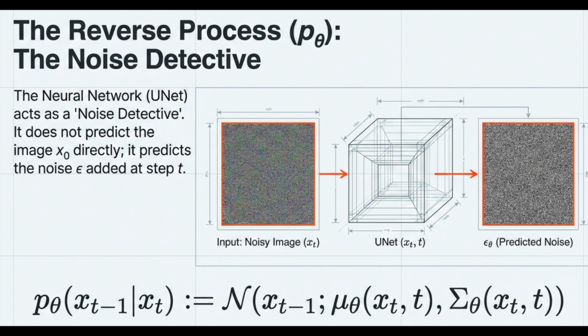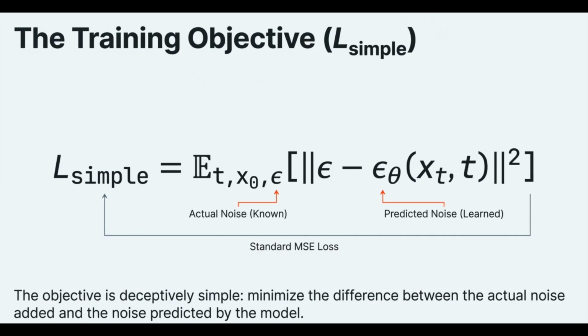And that's because the detective has to solve the crime for every single pixel. Every single pixel. Millions of times. A 1024 by 2024 image has over 1 million pixels, and if you're running a complex neural network on every single one of those for, say, 100 steps, well, you've heard your laptop fans spin up. It sounds like it's preparing for takeoff. Exactly. And that is the resolution bottleneck.